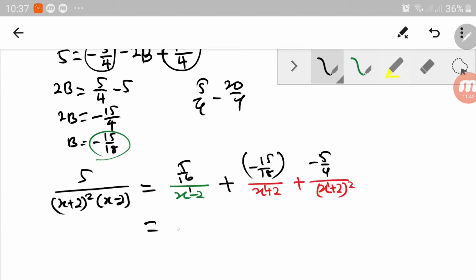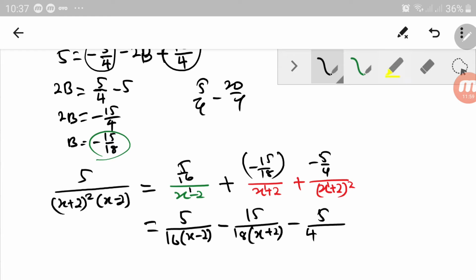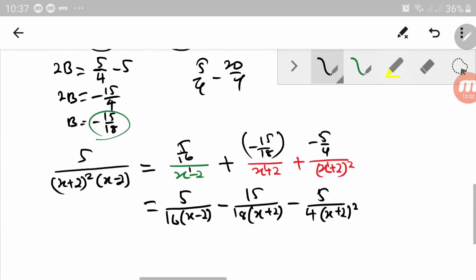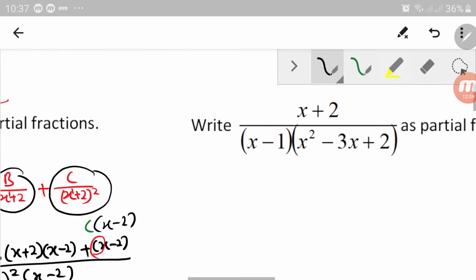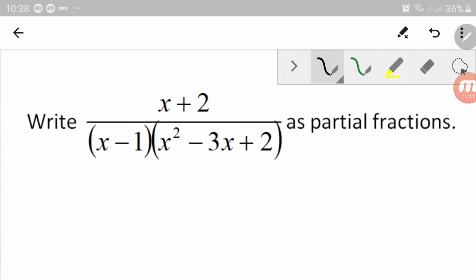Make it nice. Remember, put the number in front of the bracket of the whole denominator. So 5 over 16, minus 15 over 18 (x plus 2), minus 5 over 4 (x plus 2) squared. So this is the partial fraction. Let's proceed to the next example.